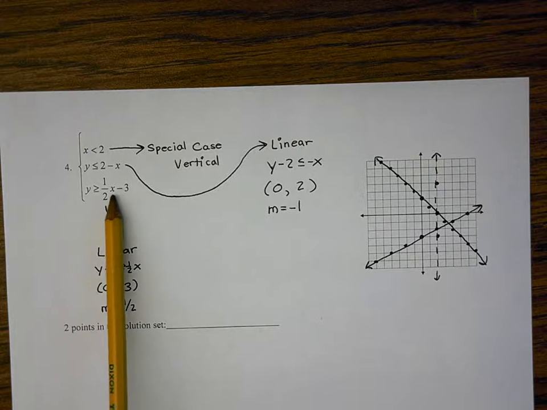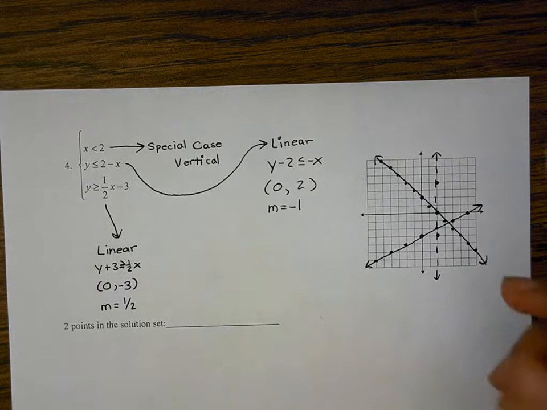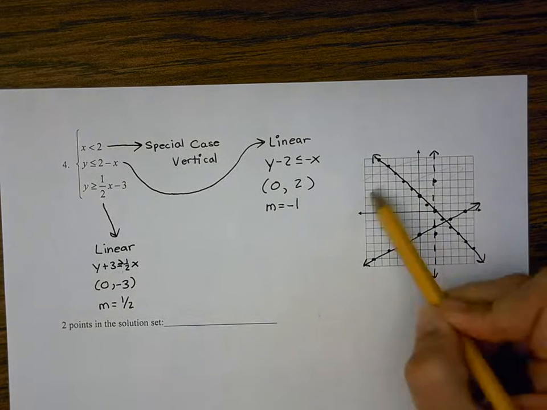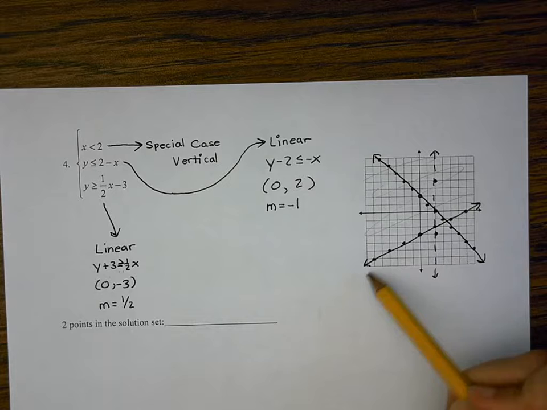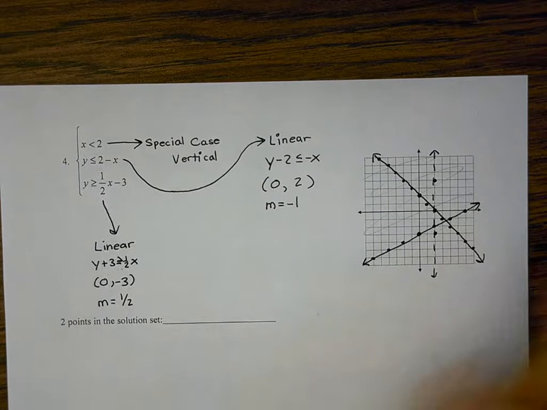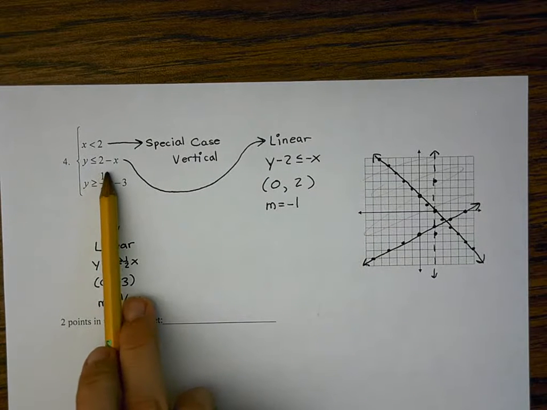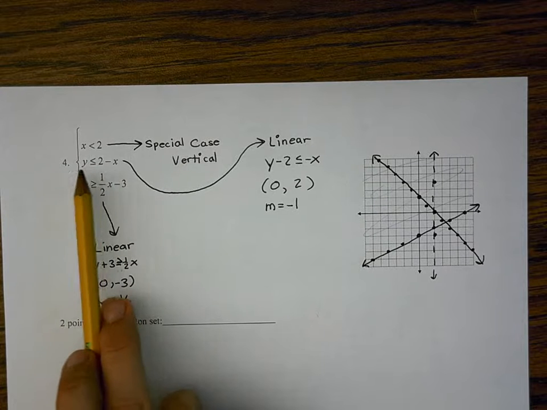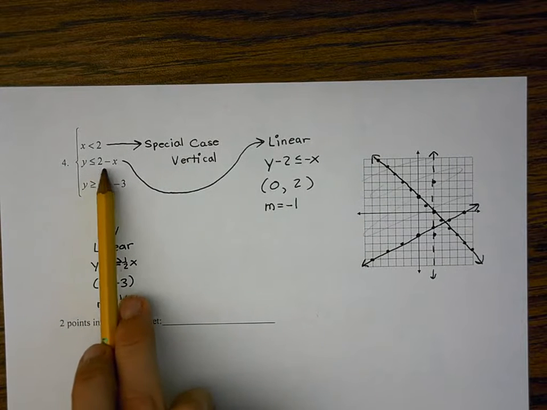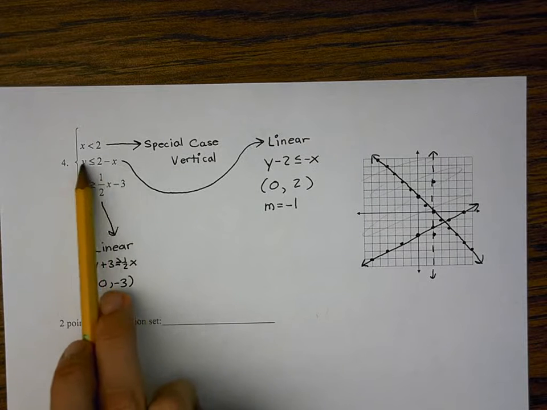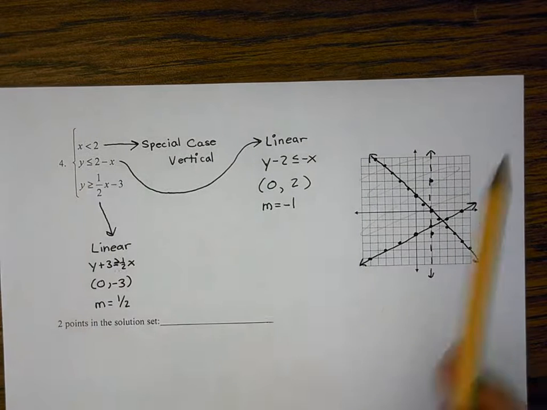And so this function here, it's going to be above that guy, so we're talking up here, right, above this line here. Okay, what about the second one? Okay, well here my y is less than my linear, so I'm shading below this linear. So we're shading down here somewhere.